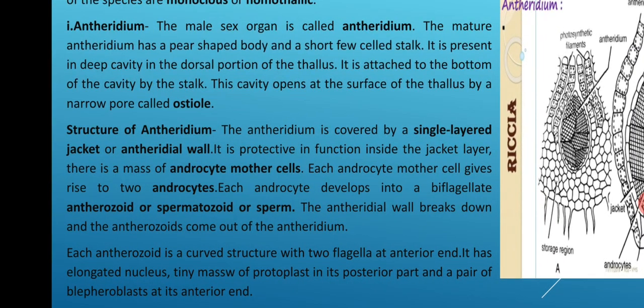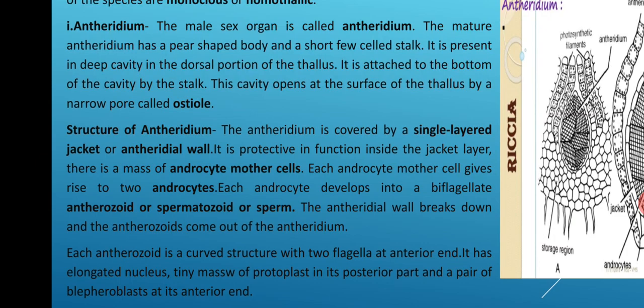Next, the structure of the antheridium. The antheridium is covered by a single layered jacket or antheridial wall. It is protective in function. Inside the jacket layer, there is a mass of androcyte mother cells.